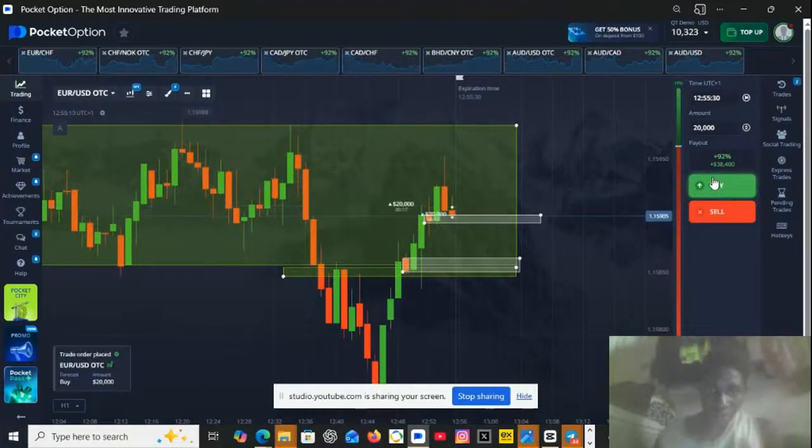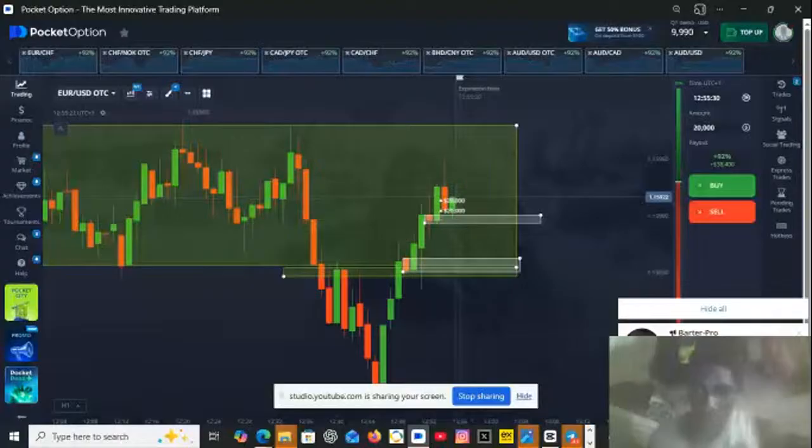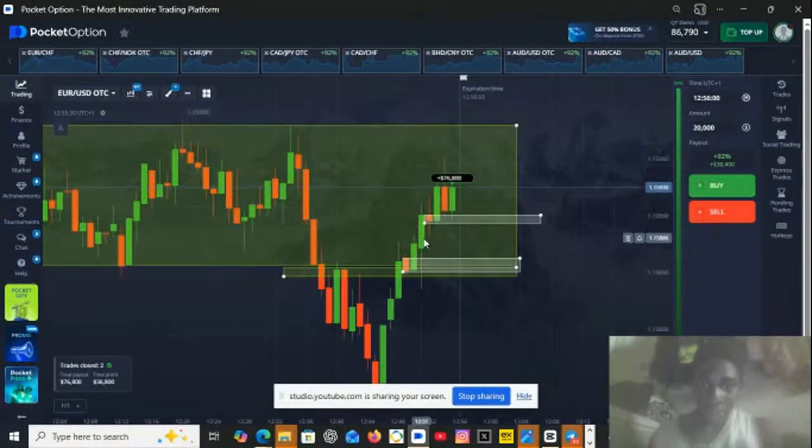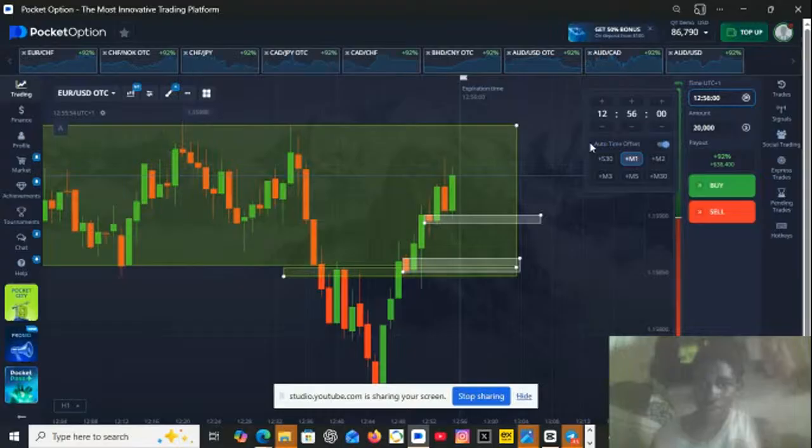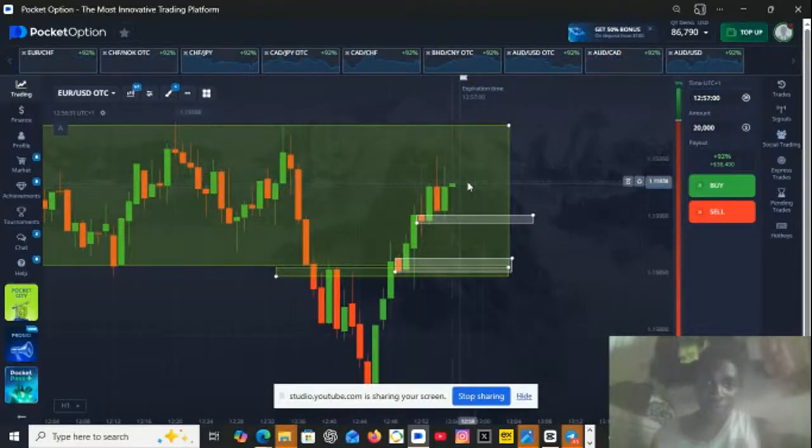Now, why did I buy it? You can see clearly there's a very clean pattern: a green candle followed by a red candle, followed by a green candle, followed by a red, then pushed up strongly to the upside. This should have been a winning trade because we entered right here.